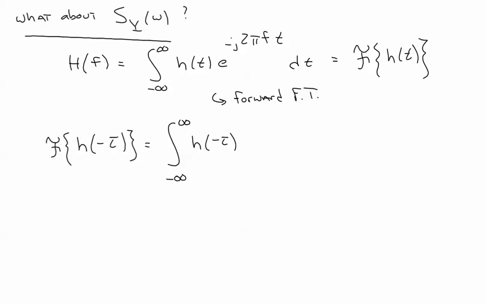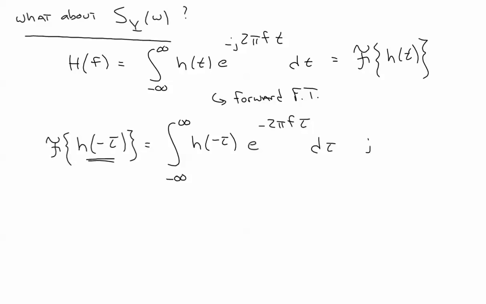And this is getting me access to part of the problem on the previous page, where I'm going to take the Fourier transform of the autocorrelation of the output, and that involves taking the Fourier transform of h of minus tau. So proceeding, I have the integral from minus infinity to plus infinity of h of minus tau, e to the negative j 2 pi f tau d tau.